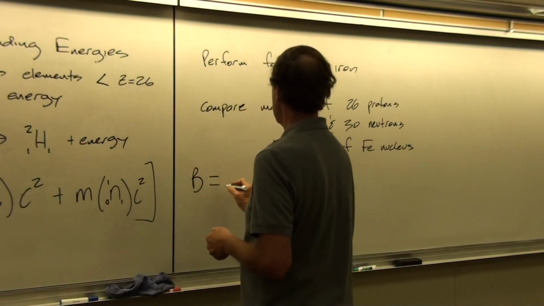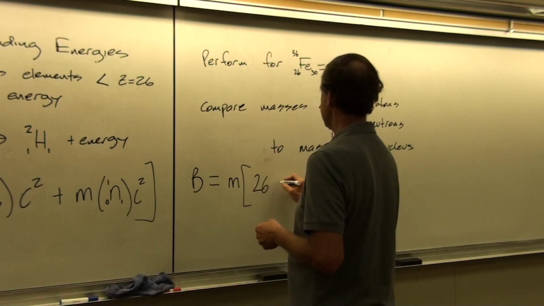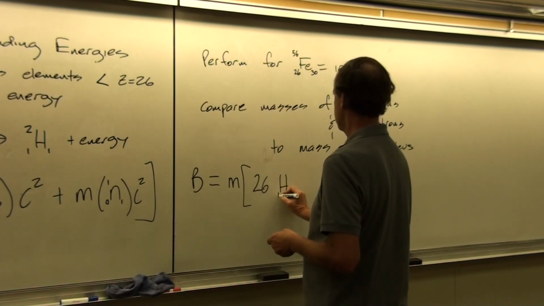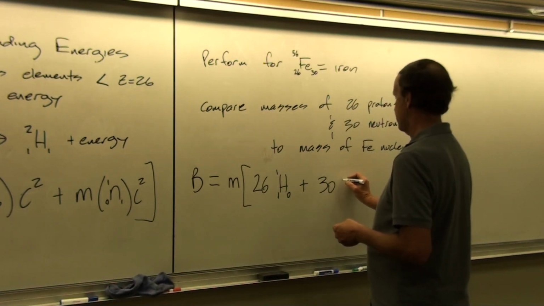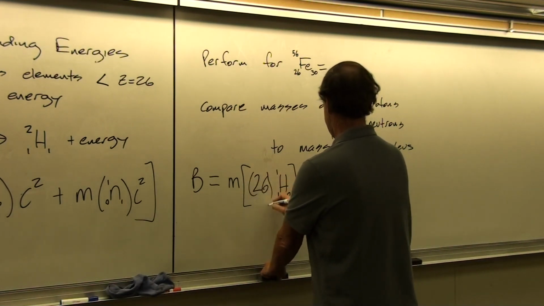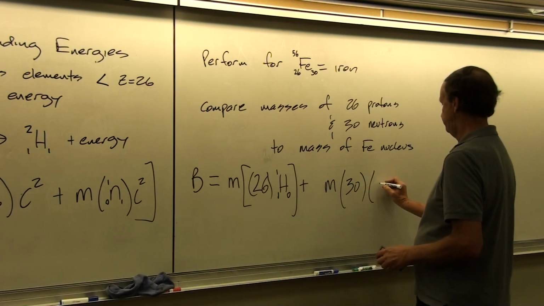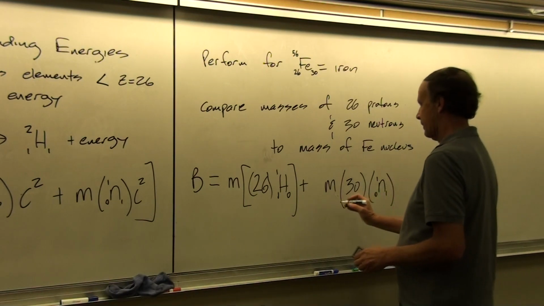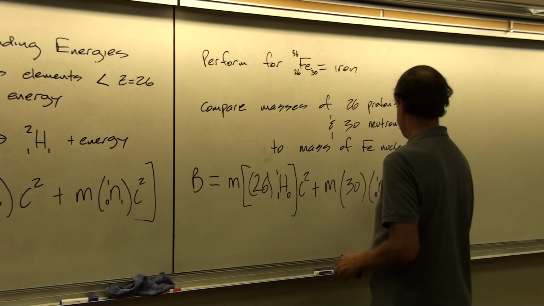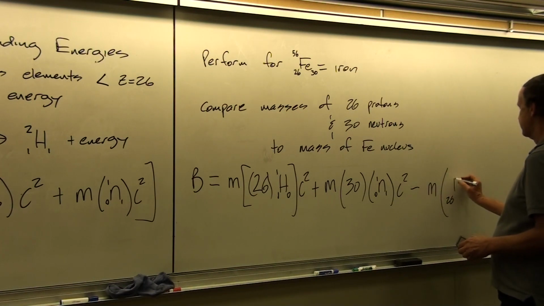So our binding energy then will be equal to the mass of 26 hydrogen atoms, so this is 1, 0, 1, plus 30 times the mass of the neutron, times c squared, minus the mass of the iron atom, which is 26 Fe 30 56, times c squared.